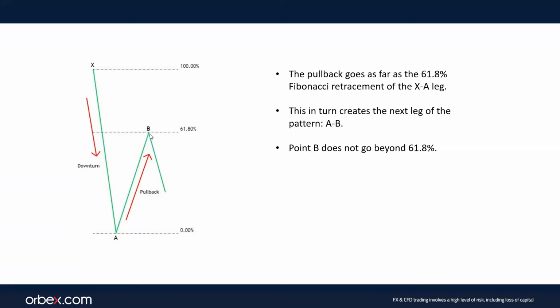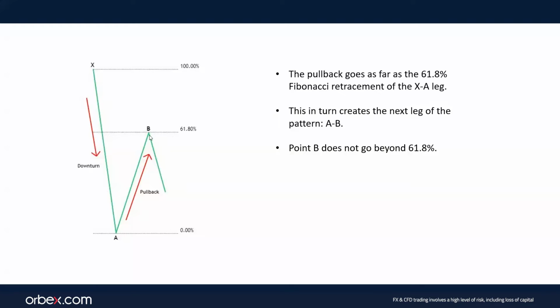It should touch it, bearing a few pips away; it could go slightly over or under, but it mostly has that pullback to 61.8. Point B does not go beyond 61.8. It could slide a little bit higher, potentially a few pips, but not much more than that. So that's the first initial point of the harmonic pattern being drawn into place.